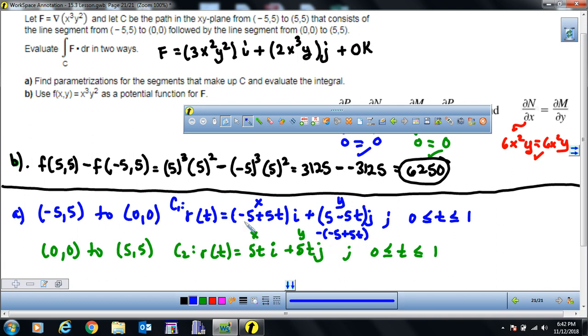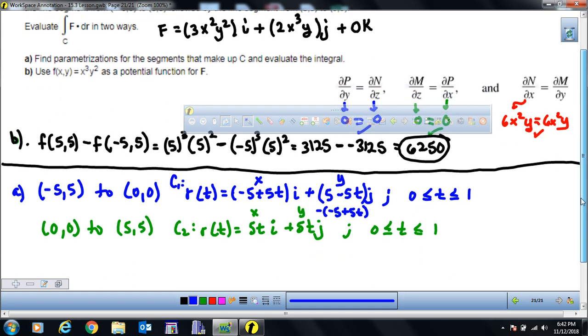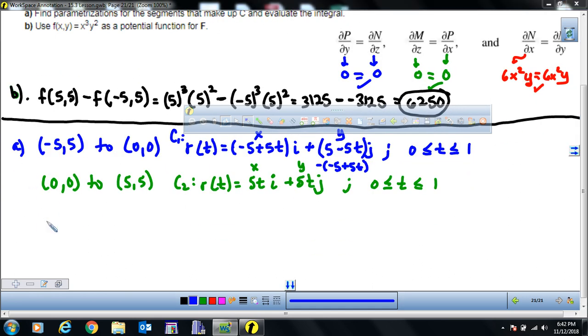So you basically, this is the same thing as this, with the exception that this one is negative, right? Or this one is negative, whichever way. Okay? So I'm saying that because now we're going to evaluate the function. We're going to do the first parametrization for C1. Okay? We're going to find F of r of t.